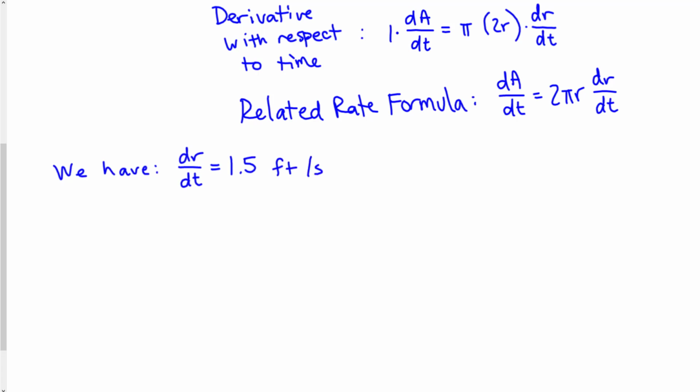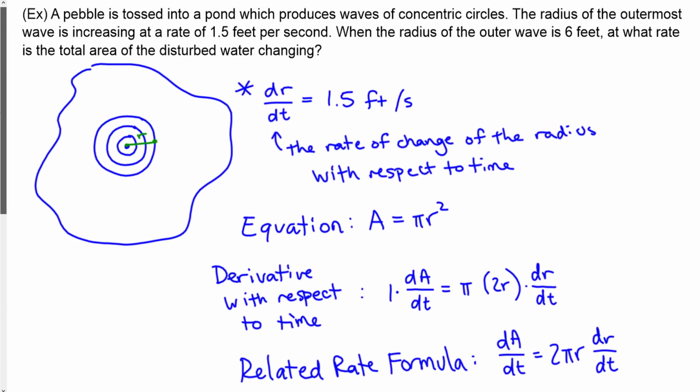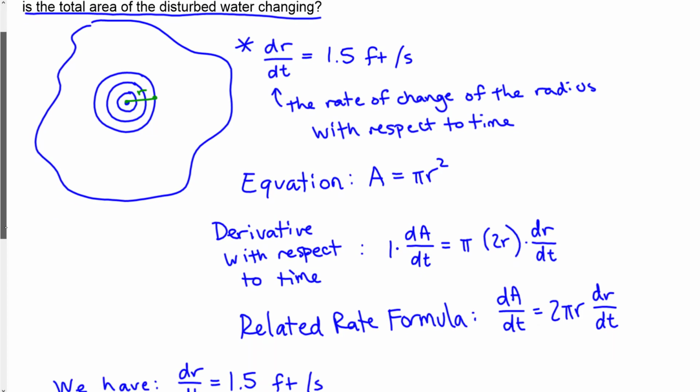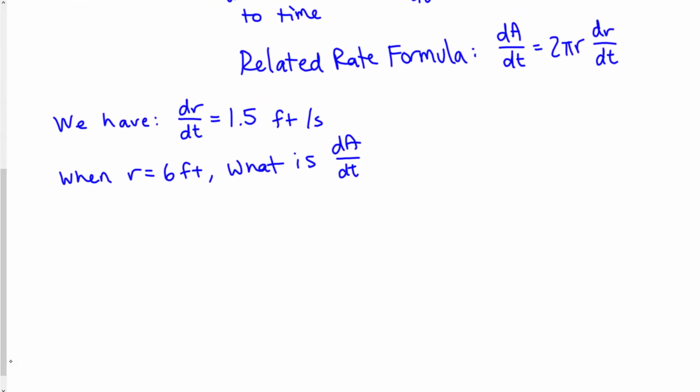And we want to know when the radius is equal to 6 feet, what is the rate of change of the area? And since it's asking for a rate of change of the area, look at the way the question is stated. At what rate is the total area changing? So you're looking for a rate of change, which means you're looking for a derivative. So when the radius is 6 feet, what is dA/dt?